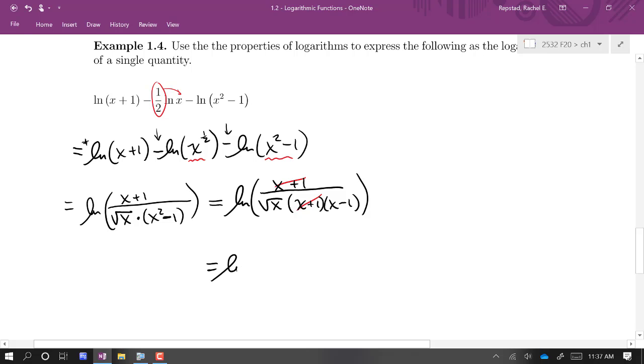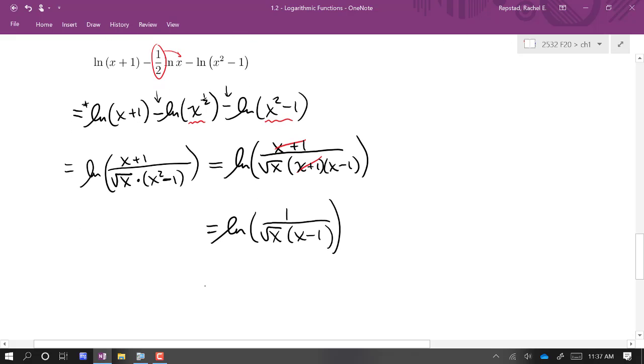So now we have ln of 1 over the square root of x times (x minus 1). Now you can leave it this way. This is fine. Or 1 over some stuff is that stuff to the negative 1 power, and for that reason you can actually rewrite this as negative ln of root x times (x minus 1). Either of these is fine.